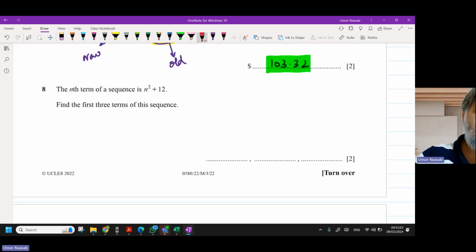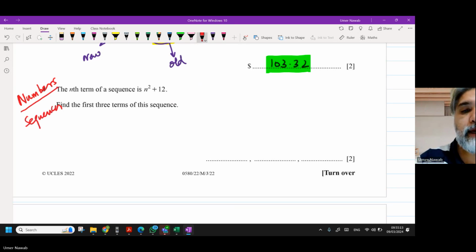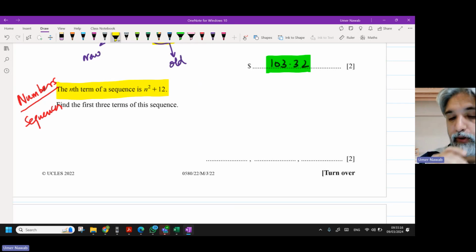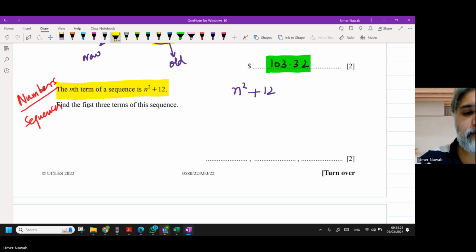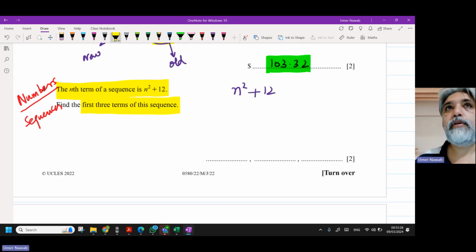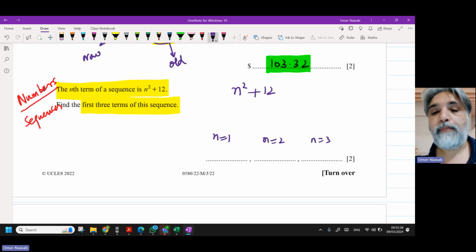Next question is also on numbers, guys, because the subtopic is sequences. The nth term of the sequence is given to you, n squared plus 12, and he's asking you the first 3 terms of the sequence. So for the first 3 terms you substitute n equals 1, n equals 2, and n equals 3.